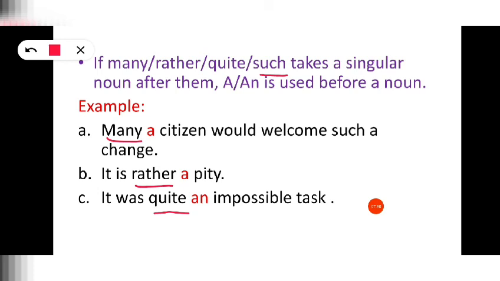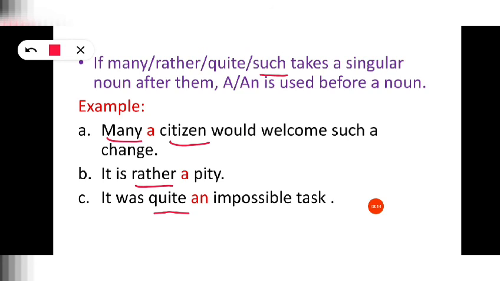after these words, are they using singular nouns? That is, count one noun. We are talking about singular noun. One citizen, many citizens. Okay, so are we talking about singular nouns? If yes, then you will be placing indefinite articles like either a or an after them.